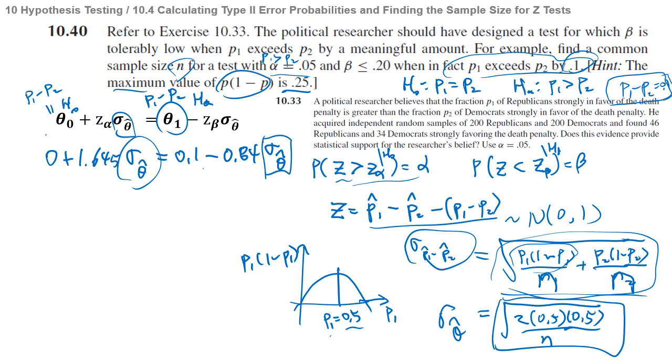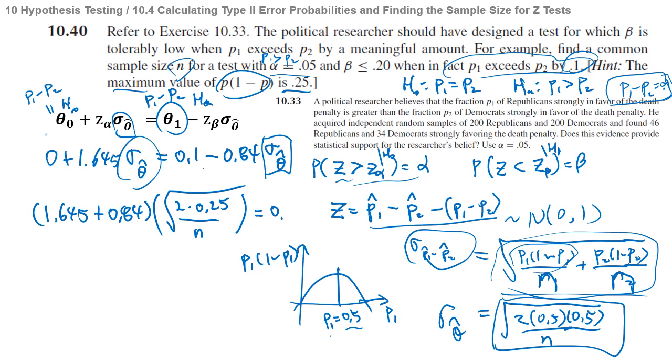Now put this inside here. So 1.645 plus 0.84 times the square root of 2 times 0.25 divided by n equals 0.1.